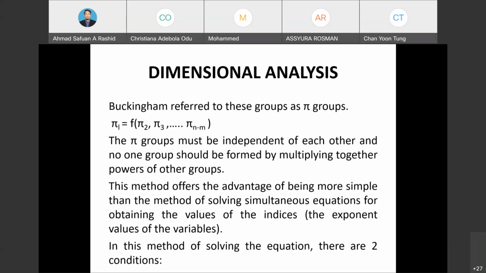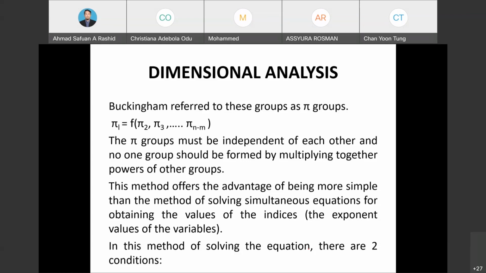However, for example, if we want to complete the last dimensionless parameter, we can use any other parameter in order to complete, for example, the 4 dimensionless equations.